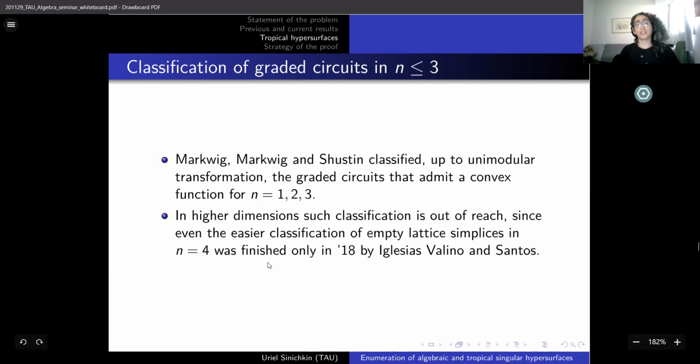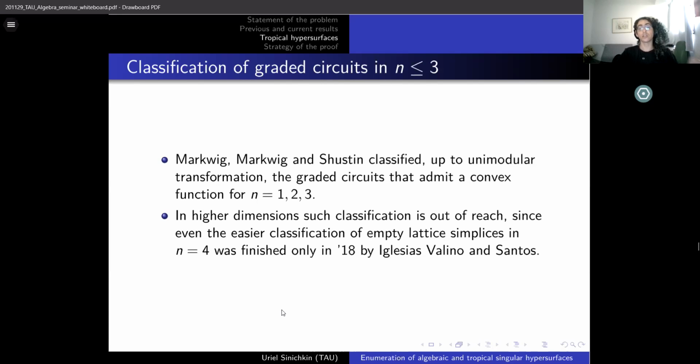And in higher dimensions, such a classification is not possible, because even the much easier classification of empty lattice simplices, only in dimension 4, was finished only in 2018 by Iglesias-Valiño and Santos. And in higher dimensions, or if we want to pass to circuits, or graded circuits, these are much harder problems.